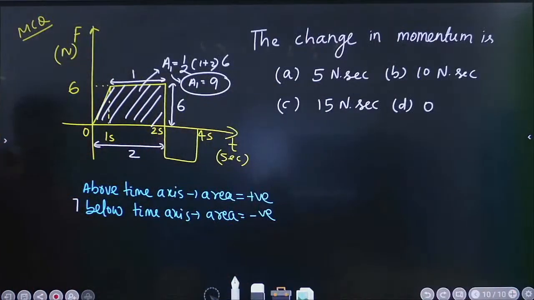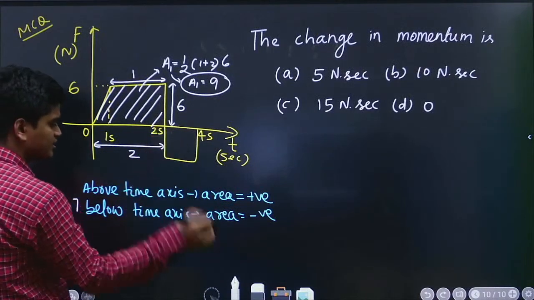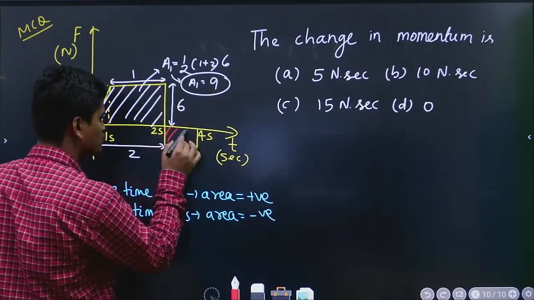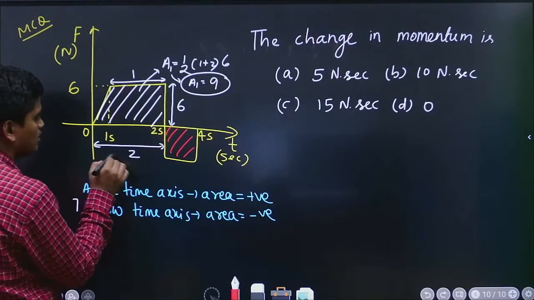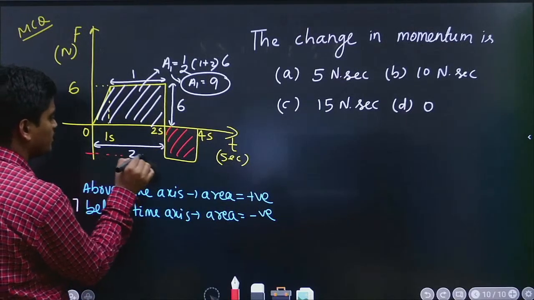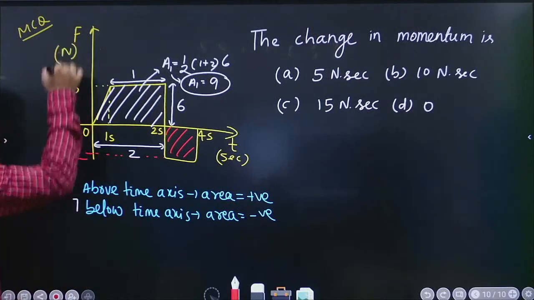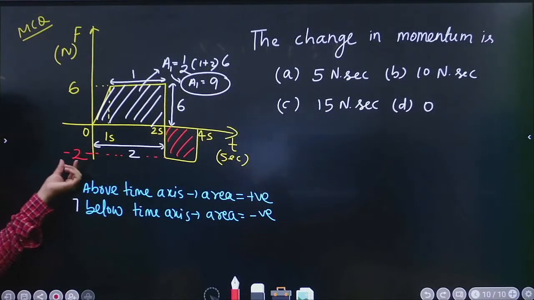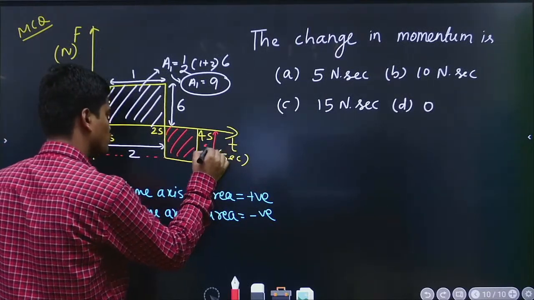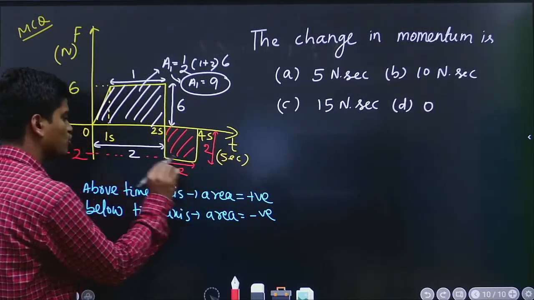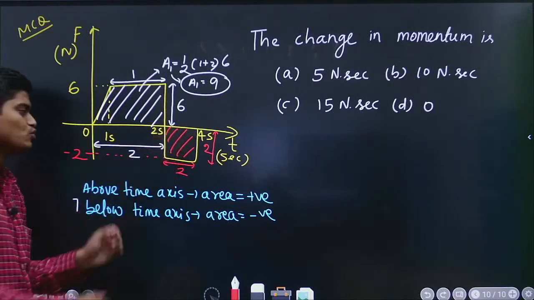Now see, below the axis is basically the negative area. Why is it negative area? Because here the value is not given, you take it as -2. So force is basically -2. If you check this distance, it is 2, and this distance is also 2. So 2 into 2, 4.